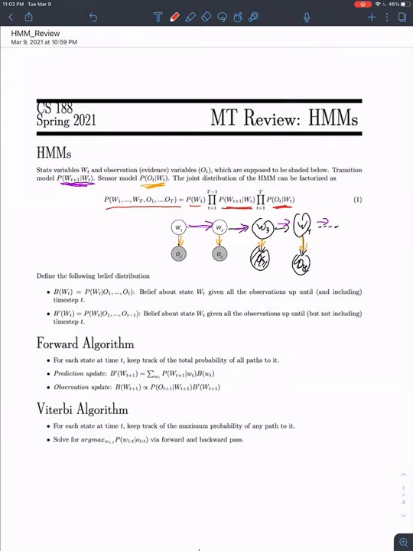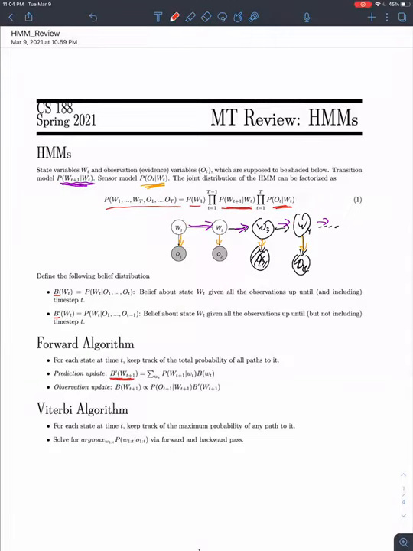We have this nice algorithm to do that, right? Your B and your B prime, you can use them to update each other. B is just what you know about state T given all observations up to and including T. B prime is what you know about state T given all observations up to, but not including, time step T. So basically, you can say, what's your probability of the next world given all the observations that you have?